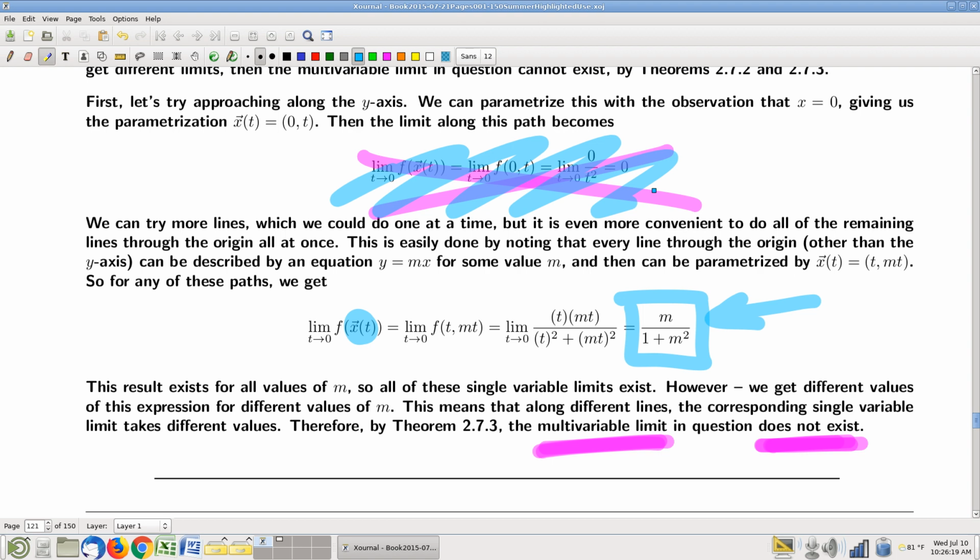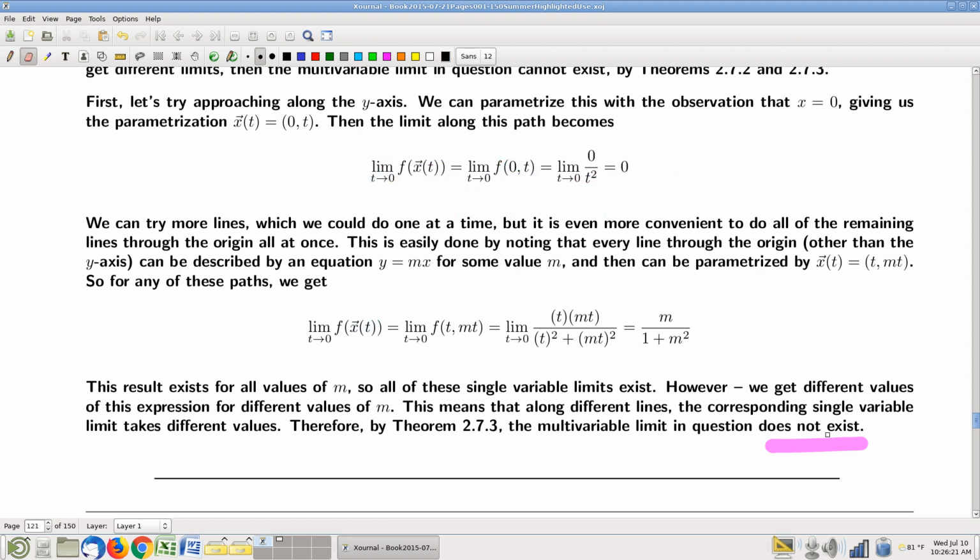So I would suggest, by the way, that this be the first thing that you do. The very first thing that you should plug in would be this parameterization. Check all those straight lines, all the straight lines through the origin all at the same time. And if your answer depends on m, if it's anything other than a constant independent of m, you got yourself a contradiction.